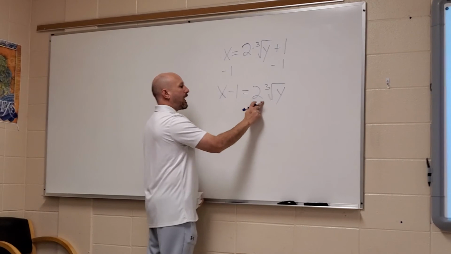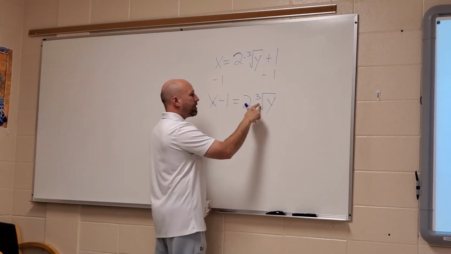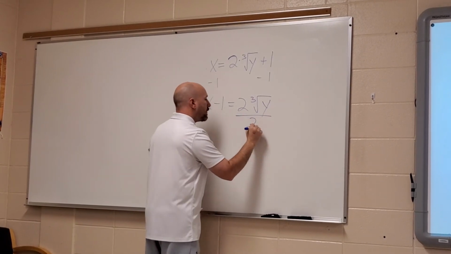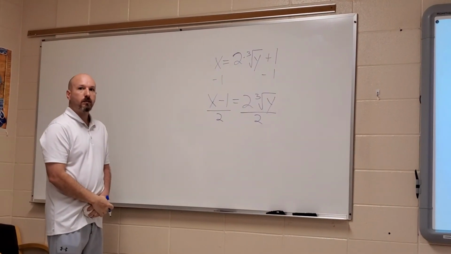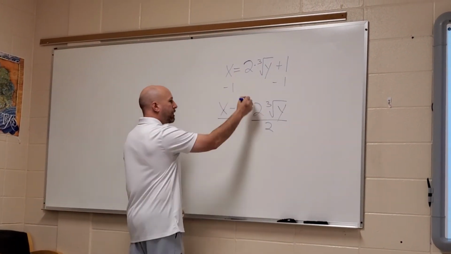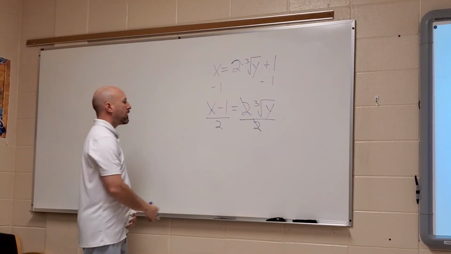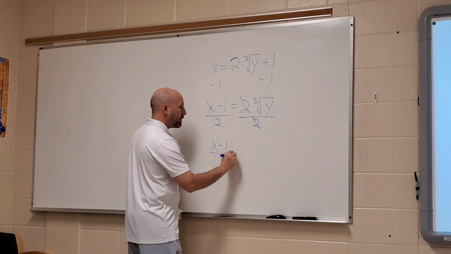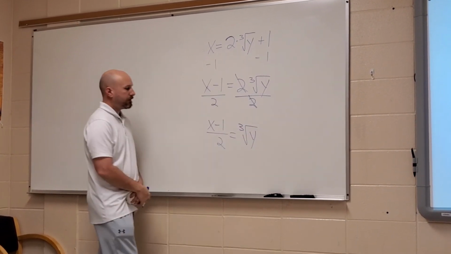And this 2 is hanging around. So we got to get rid of that 2. So it's 2 times the cube root of y. So to undo multiplication, we divide. Okay? And so 2 divided by 2 is just 1. Those go away. So we have x minus 1 divided by 2 equals the cube root of y.